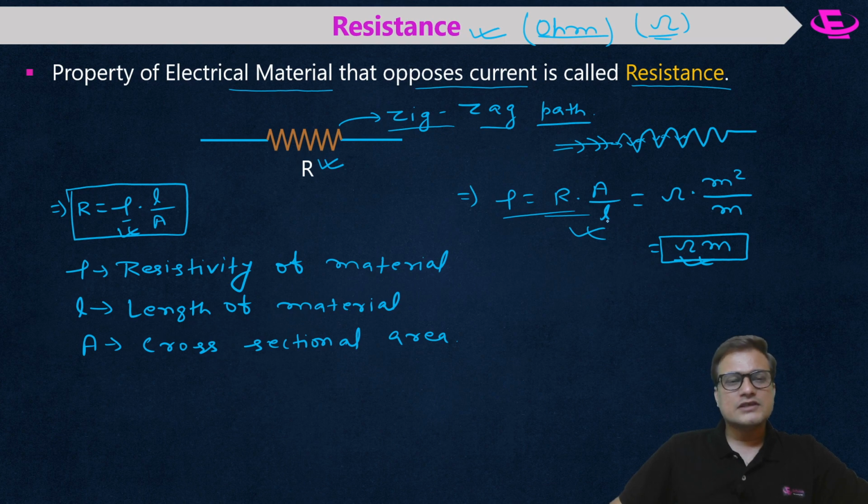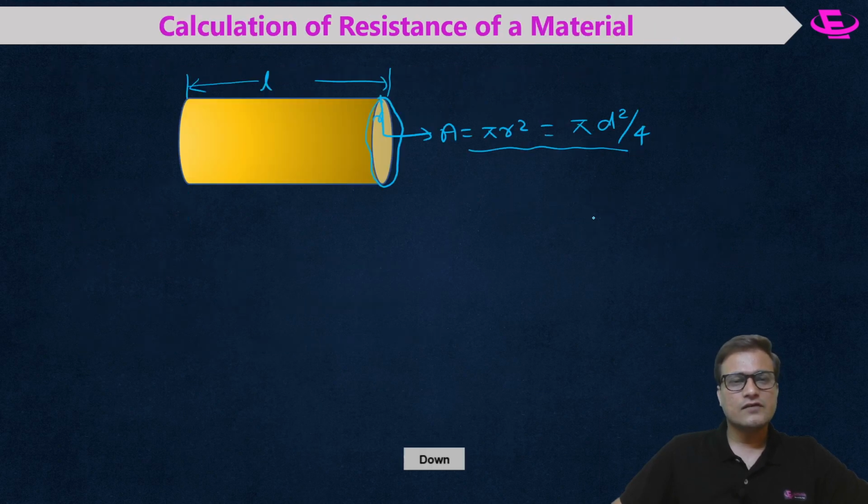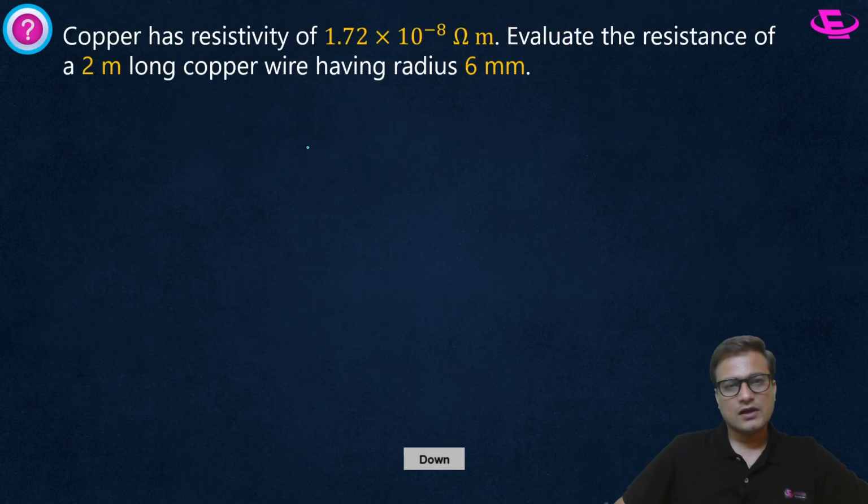Now you can easily find the resistance of any material for a given length, cross sectional area and resistivity. So for this material you can easily find the value of resistance. Clear?